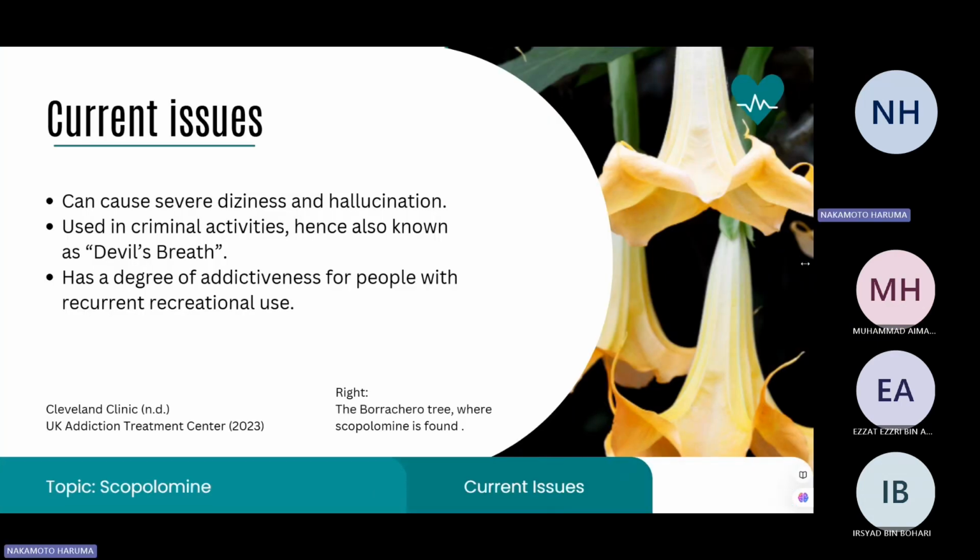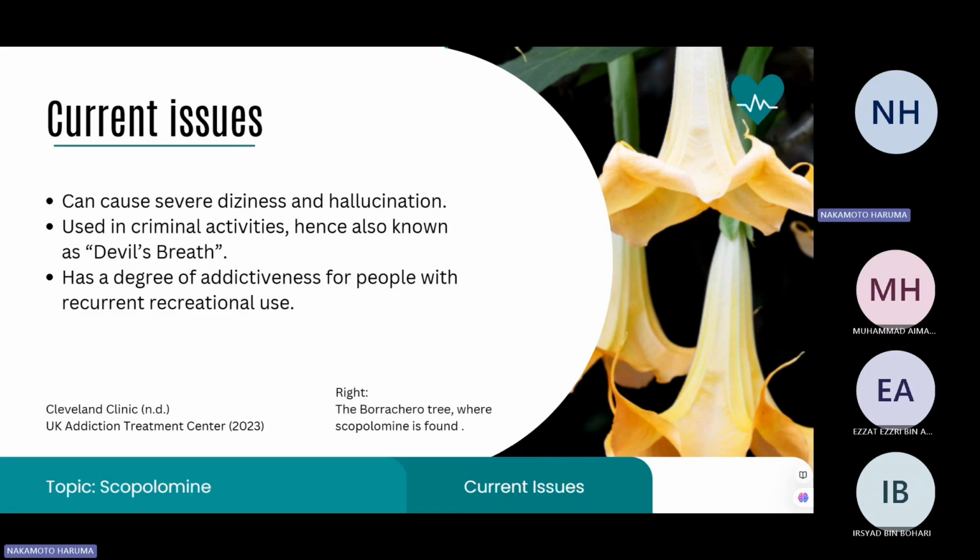So as for the current issues regarding scopolamine, number one, as a side effect, it can cause severe dizziness and hallucination to those who are administered this drug. Secondly, due to the drug's ability to make a patient hallucinate, it is also used in criminal activities.